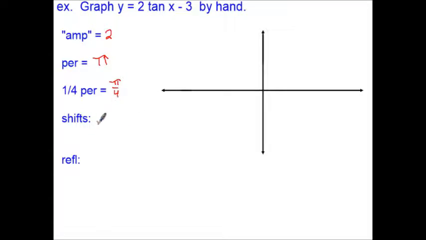And then as far as shifts go, I've got this minus 3. Notice it's not in parentheses, so it's not a horizontal shift, but a vertical shift, so our shift is going to be down 3. And then again, I also want to consider any reflections that we might have, and in this case, I don't have a negative in front, and I don't have a negative inside on the x, so our reflections are none whatsoever. Alright, so that being said, let's put all these things on the graph.